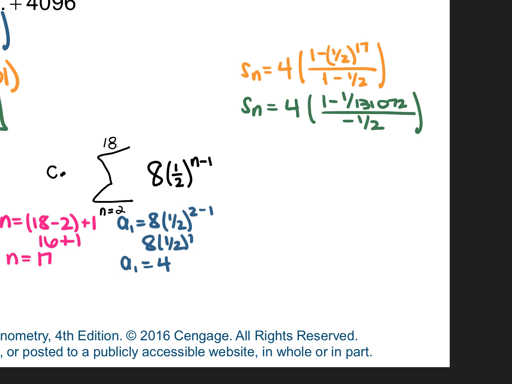When you do that and then subtract 1 from it, you're going to get 4 times 131,071 over 1,000, and this is negative, sorry, 131,072 divided by negative 1 over 2.